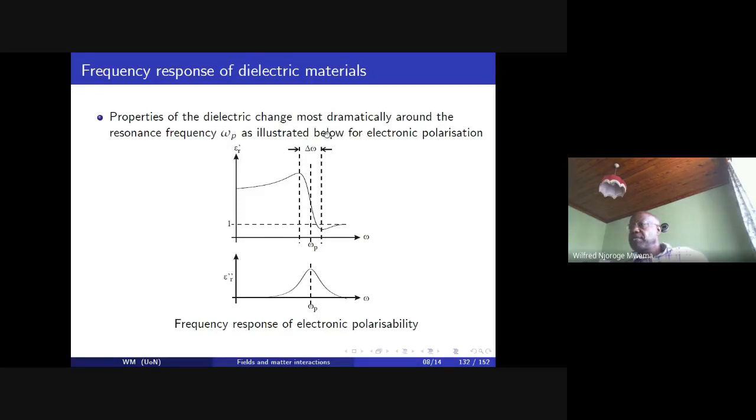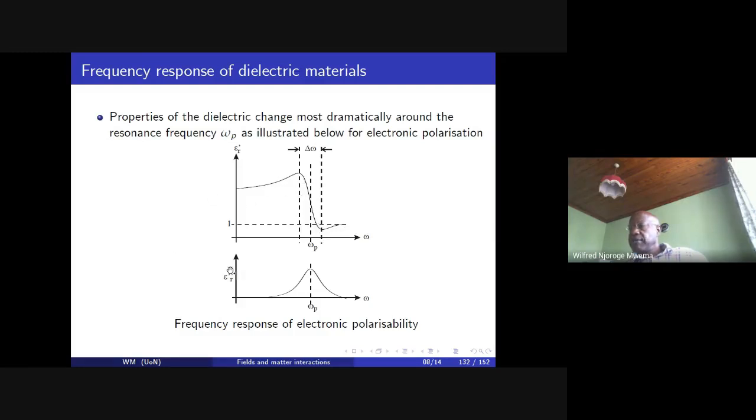So we can illustrate this as follows. The real part of the dielectric constant will have almost that kind of relationship where it picks up a little bit and then comes down. This looks like a low pass filter, so to speak.